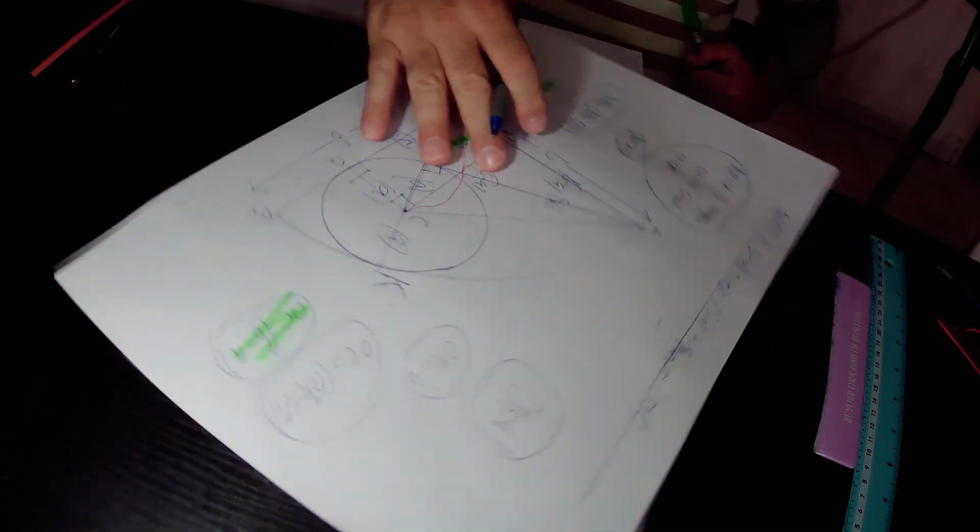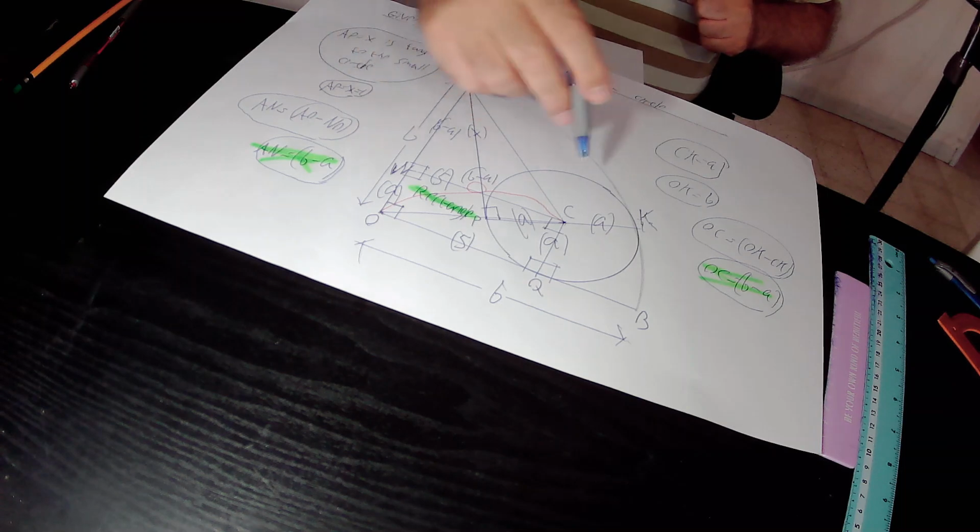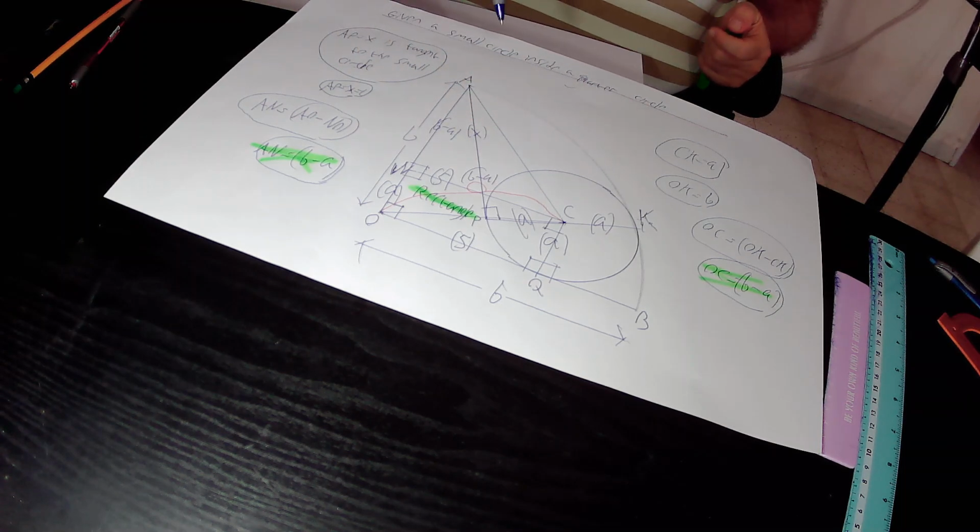In the next step, I'll copy the right triangle A and C onto a new page, and we implement the Pythagoras theorem on this right triangle.